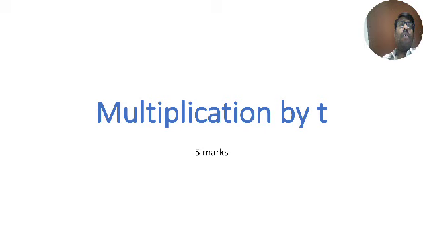So what we covered up to now: we learned Laplace transforms, the linear property, the first shifting theorem, the change of scale property, the second shifting theorem. Now, multiplication by t. This is also one of the answers to the question of whether the Laplace transform exists for a product of functions.